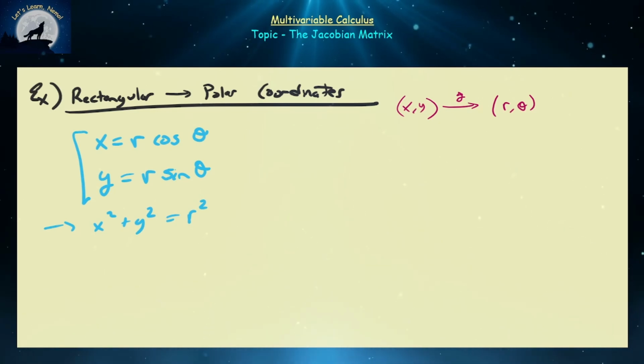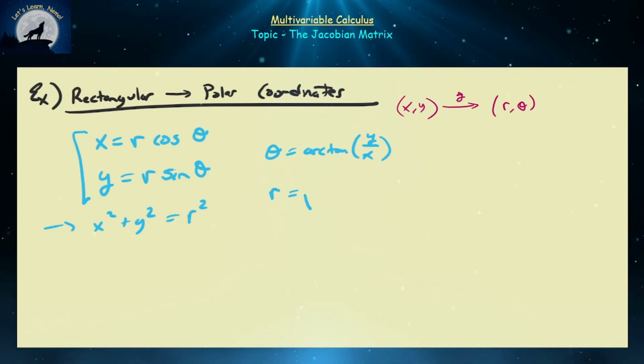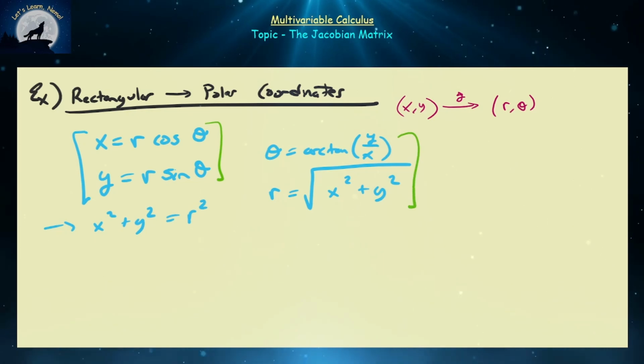You can also go backwards from rectangular to polar: theta is equal to the arctangent of y divided by x, and r is equal to the square root of x squared plus y squared. So this allows you to transform from r theta to xy, and this allows you to transform xy back to the r theta realm. Let's see if we can derive the Jacobian of this transformation.